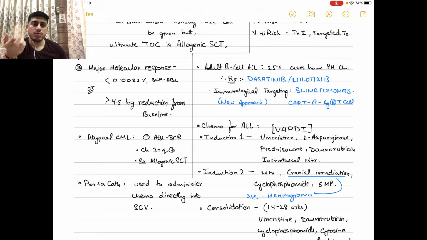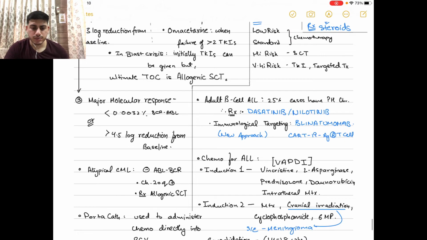So you can call it atypical CML. Atypical because there is absence of Philadelphia chromosome, and the treatment of choice here will be allogenic stem cell transplantation. I mention it to show where else allogenic transplantation is used. So allogenic is used in atypical also.